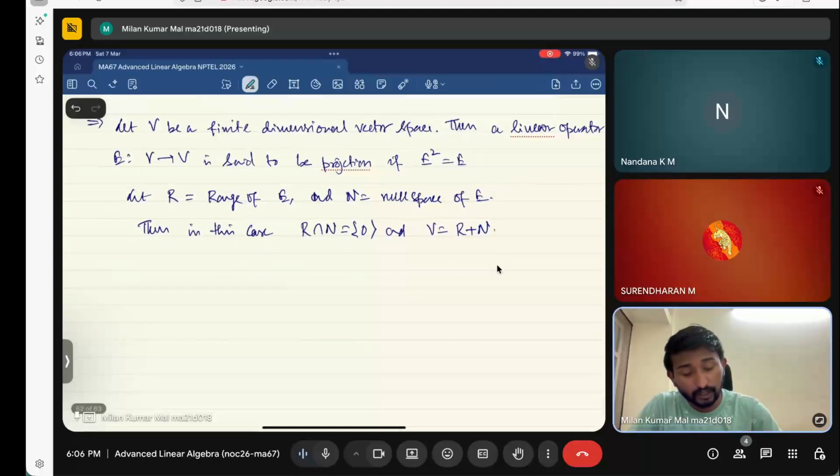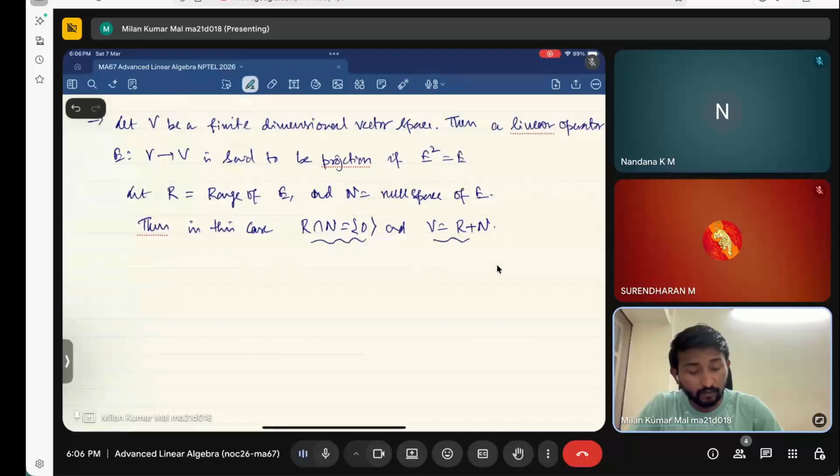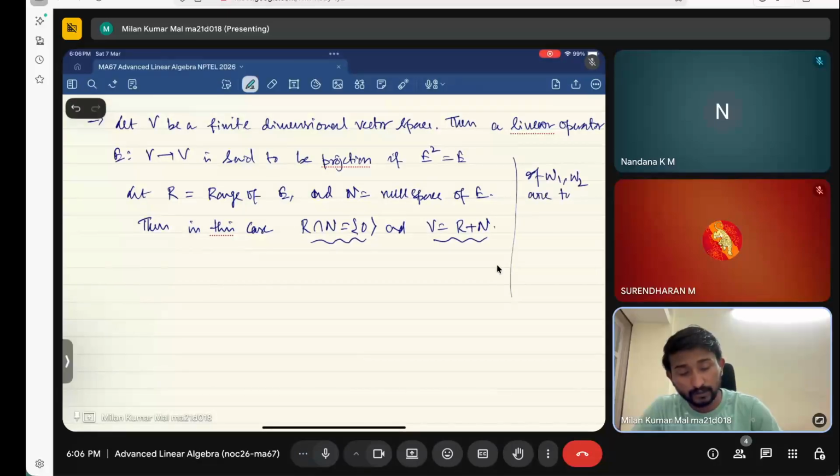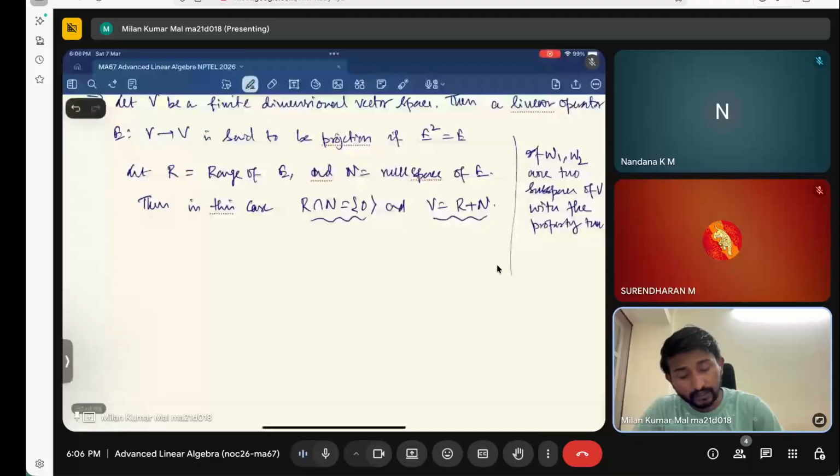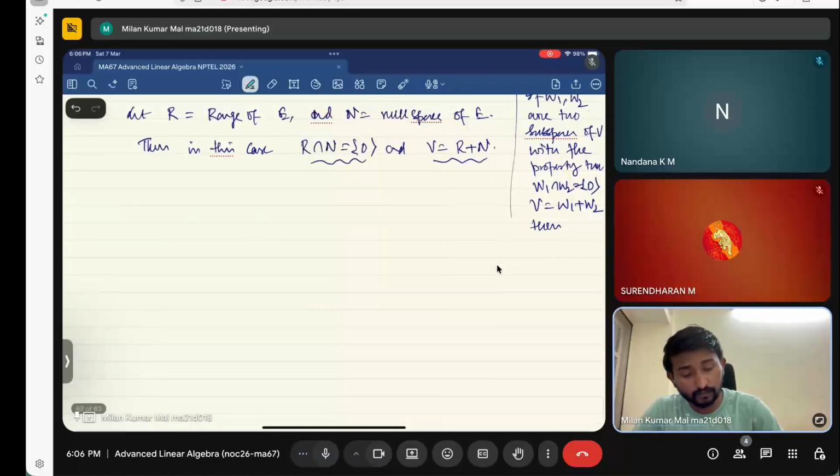So whenever two subspaces W1 and W2 of a vector space V have the property that W1 intersection W2 is the zero space, and V equals W1 plus W2, then this sum is called a direct sum.